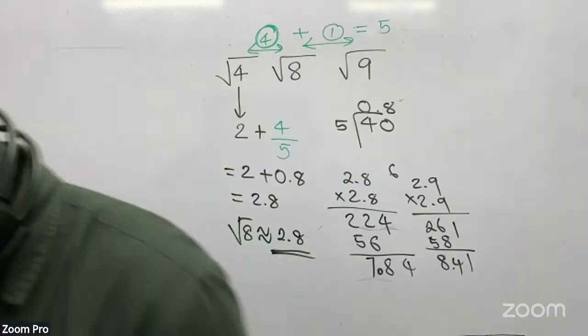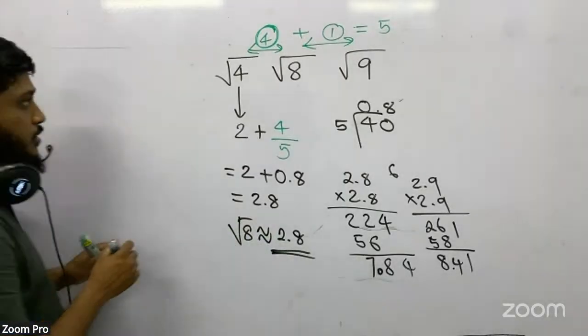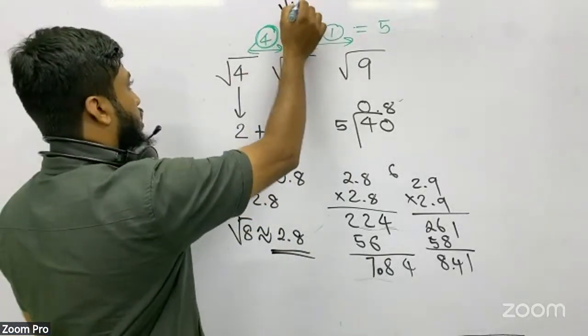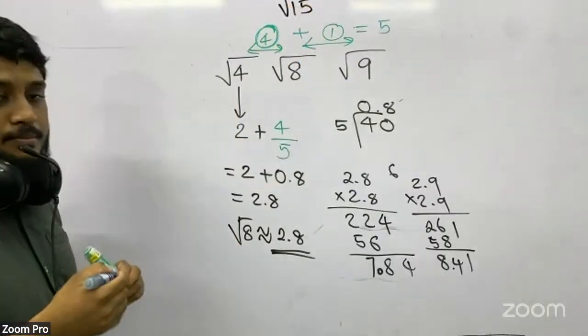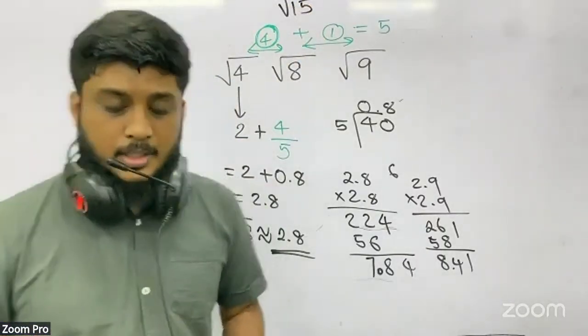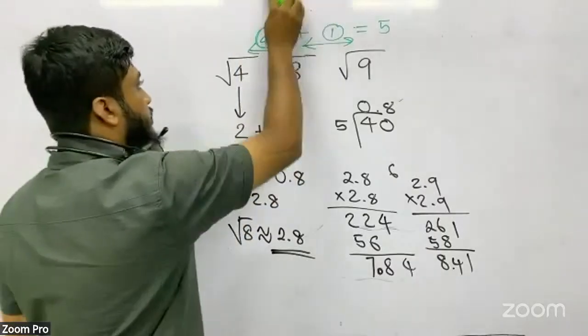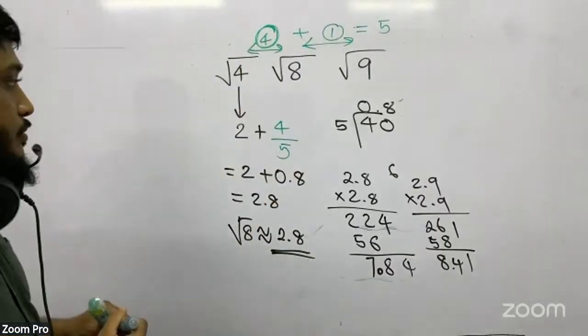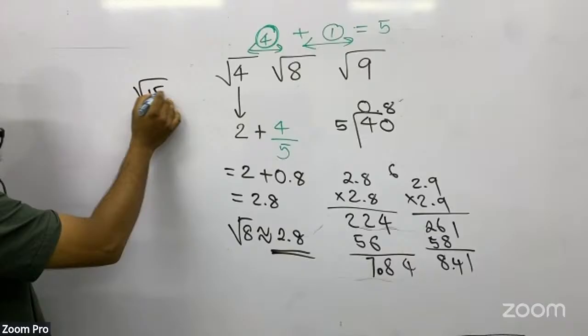Square root 15. Okay. Try square root 15. Make it fast. The next question is square root 15.